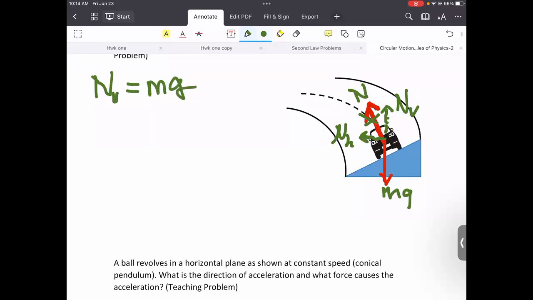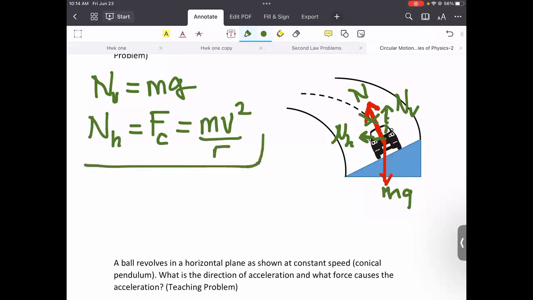And the normal force in the horizontal direction is the one that is providing the centripetal force, which is the mass of the car times its velocity squared divided by the radius of curvature of the banked road. Okay, so we just understand that in this case, the centripetal force is provided by the horizontal component of the normal force. Okay, let's look at one more example.